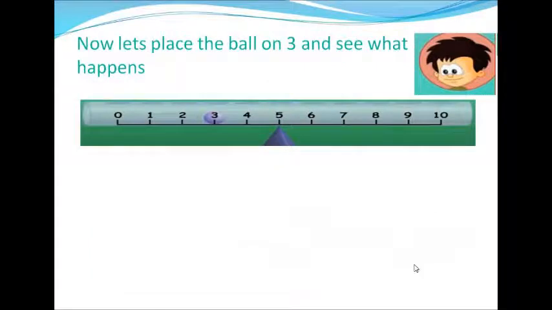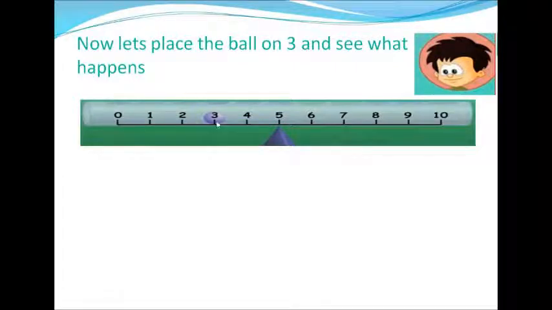Let's take another slide. Now, let's place the ball on 3 and see what happens. Is 3 near to 0 or 3 near to 10? You have to tell: 3 is near to 0 and it's quite far away from 10.